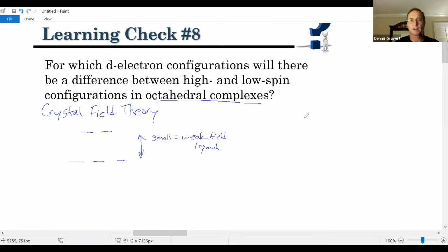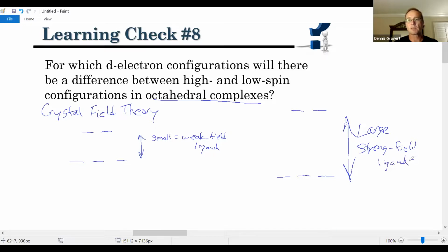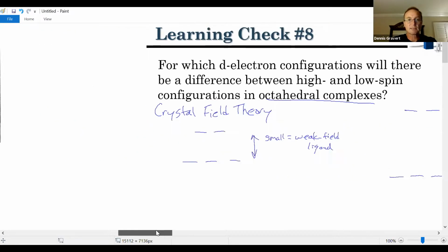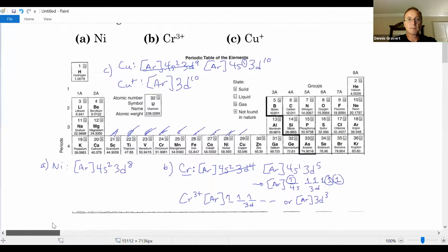And if it's large, it's because we have a strong field ligand, or ligands, plural. I really encourage you just to memorize that part. You're going to get that list on the exam somewhere.